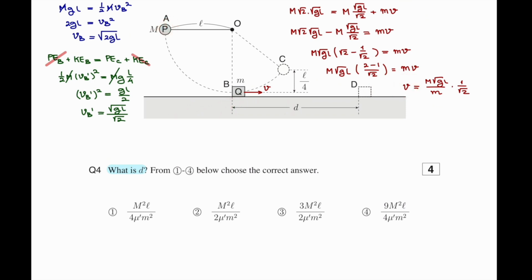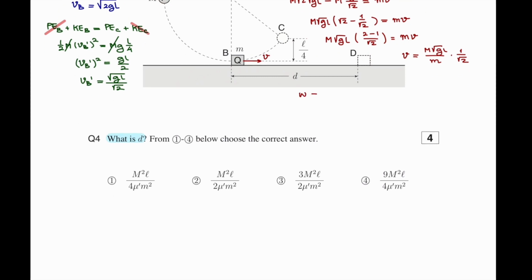And then, after we know the speed of object Q, we can find D by using the formula work done is equals to change in energy. As you can see, for object Q, initially object Q has an initial speed which is equals to this, and then the final speed of object Q is equals to 0.